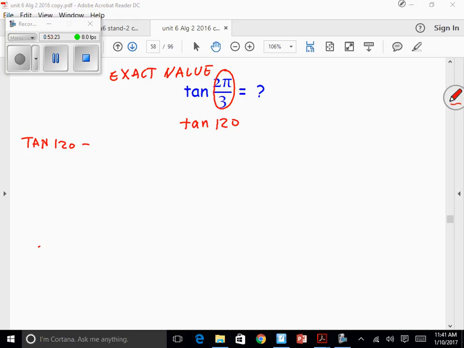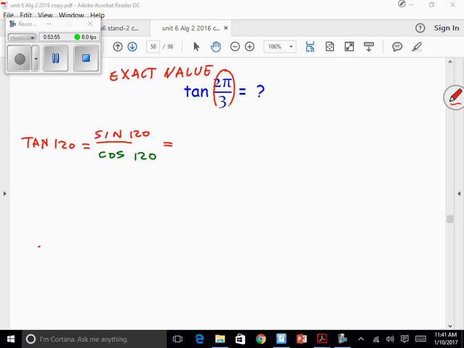Radical 3 over 2. That's sine. What is the cosine of 120? Negative 1 over 2.